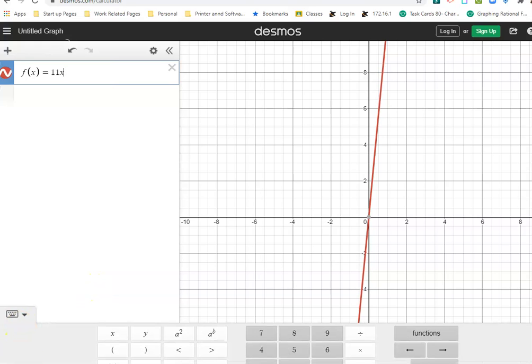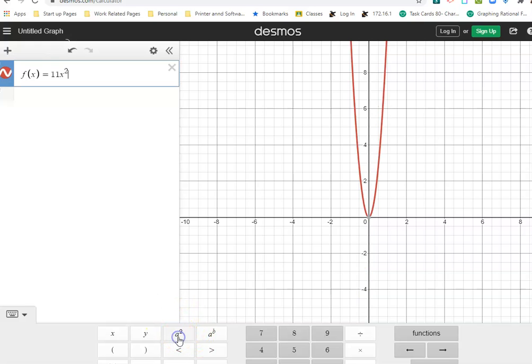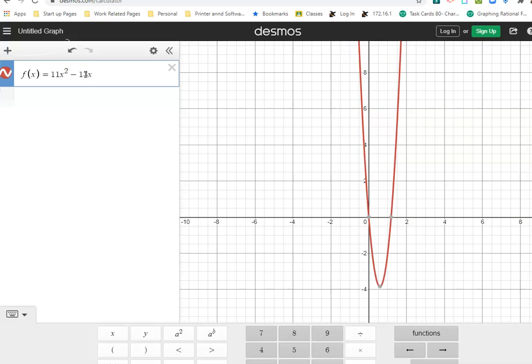If you click in the bottom left-hand corner of the menu, in that list there is a spot that says a squared. You can click on the a squared. And then my b was -13x, and then my c was +15.